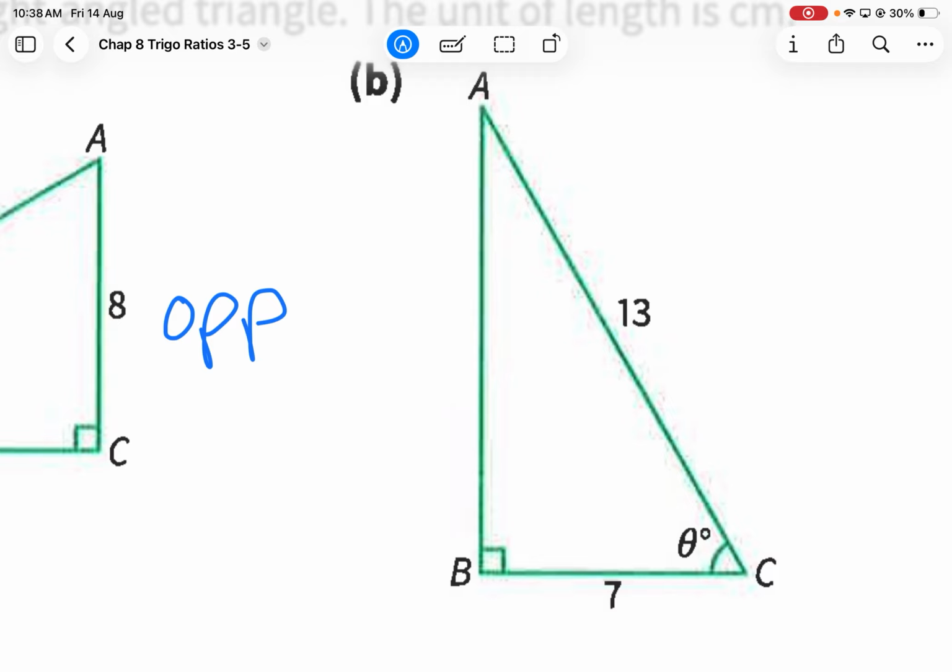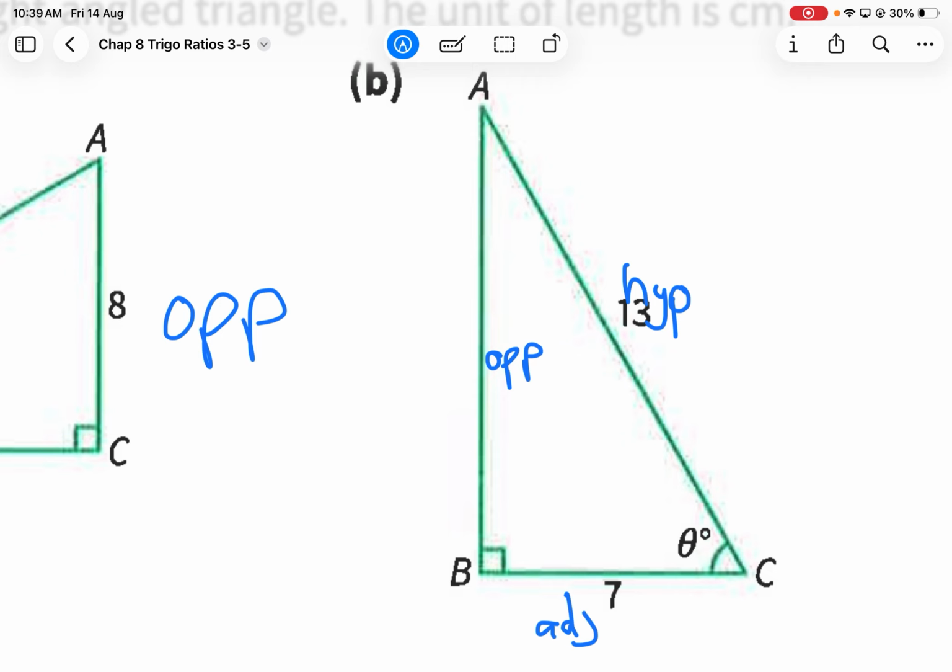So 7 is my adjacent. 13 is the longer side. It is opposite the right angle, so 13 is the hypotenuse. The longer side is always called the hypotenuse. Longest, big, hippopotamus. Okay? So this side, opposite my angle, is called the opposite.